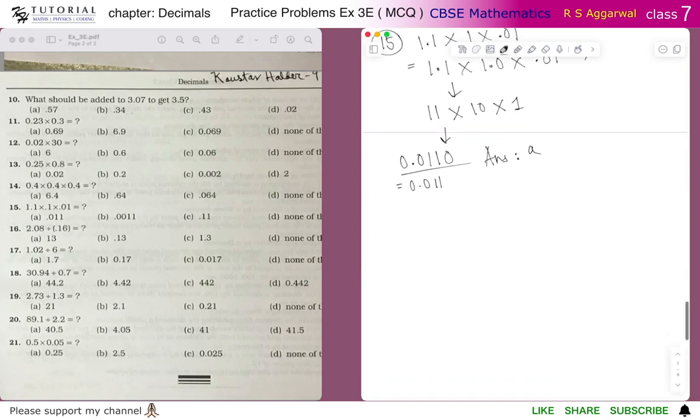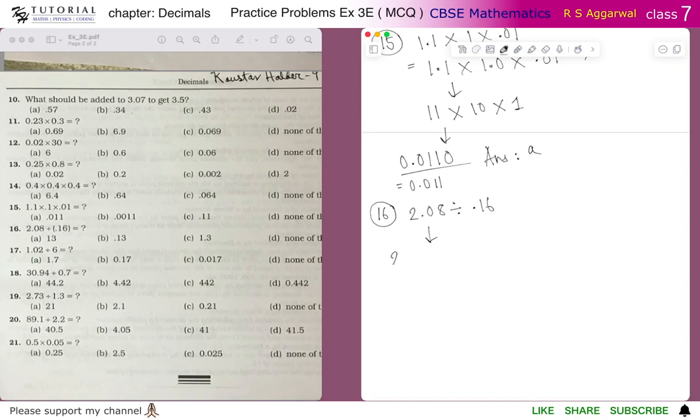Okay, let's solve problem number 16. 2.08 divided by 0.16. So this is a division of a decimal number by a decimal number, which I discussed in the last video, that was part 3 of class number 5. We first convert the decimal numbers to decimal fractions.